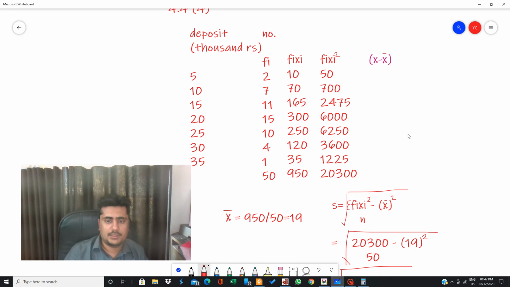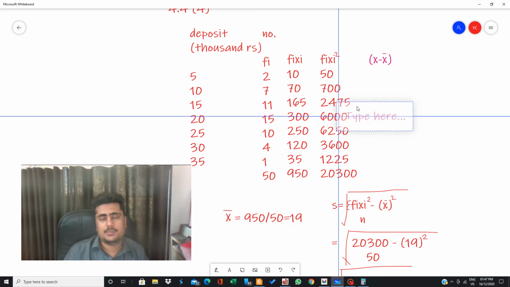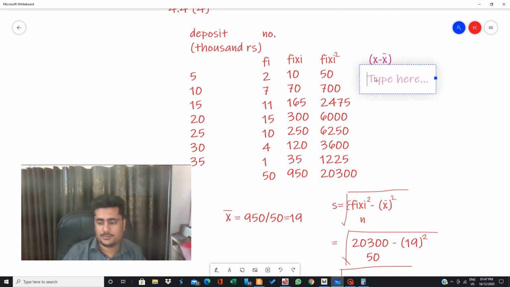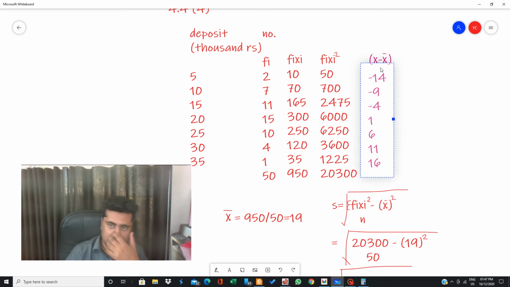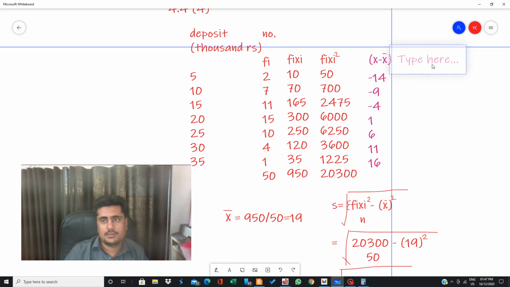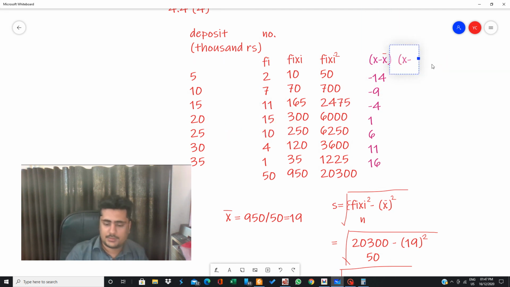Now your x bar is actually 19. So my x minus x bar is 5 minus 19, which is minus 14, minus 9, minus 4, 20 minus 19 is 1, then 6, 11 and 16. Then we take x minus x bar square.